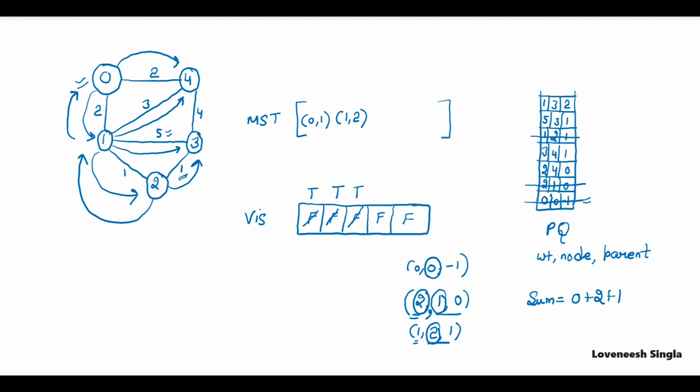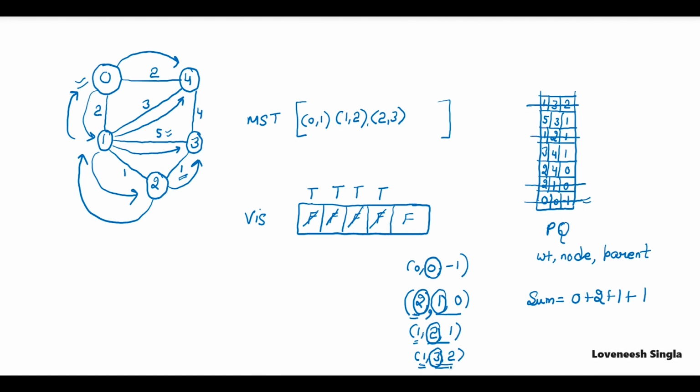So now we will take out another element from this priority queue. At this time, we will get this element 1, 3, 2. So first we will insert this edge to our MST list. So 2 comma 3, and we will add this weight to our total sum. So that is 1 plus 1, and we will mark the third node as visited.